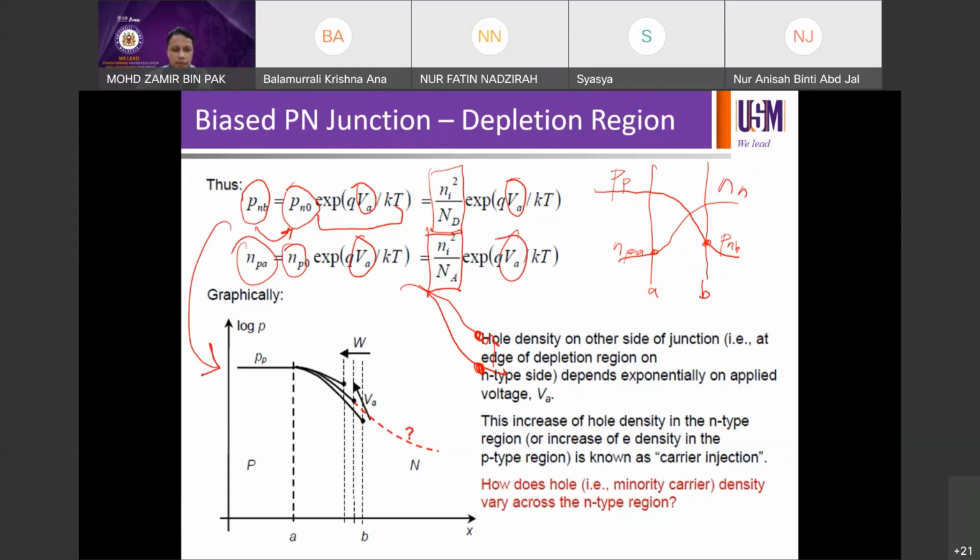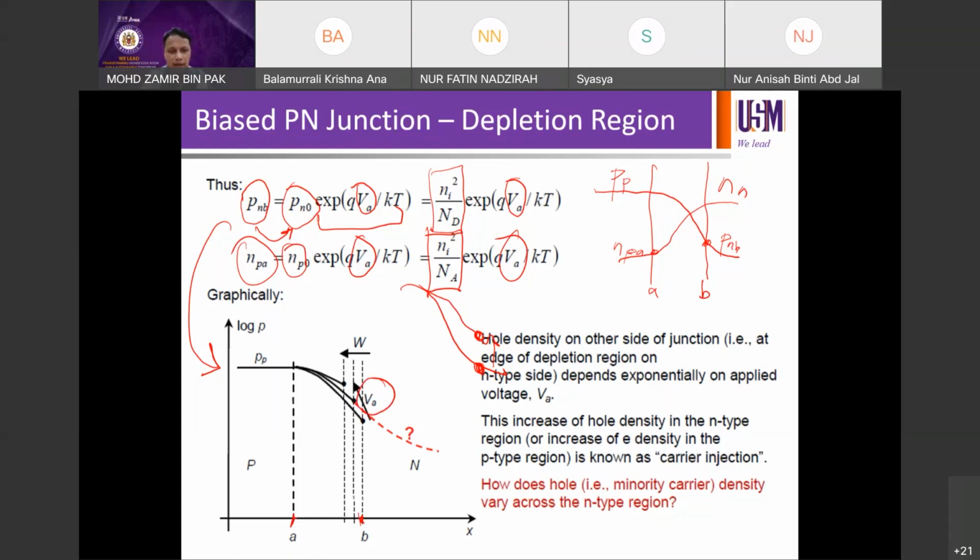So for example, if you plot your log concentration on the y against distance on the x, and this is your depletion region width A and B on both sides, you can then say that with applied biasing, by increasing the applied bias condition, you will effectively reduce the barrier height and force the diffusion of carriers into the opposite region.